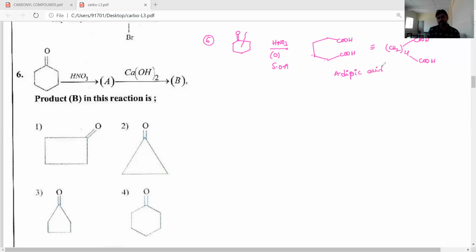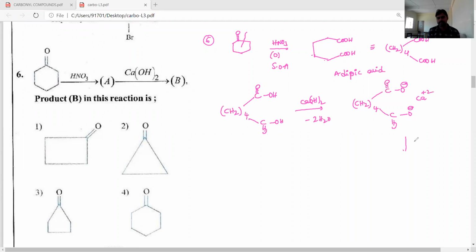Okay, this adipic acid is treated with calcium hydroxide, with loss of water molecules, and the calcium salt of adipic acid will form, with Ca2+.